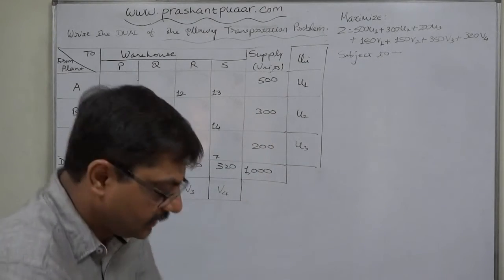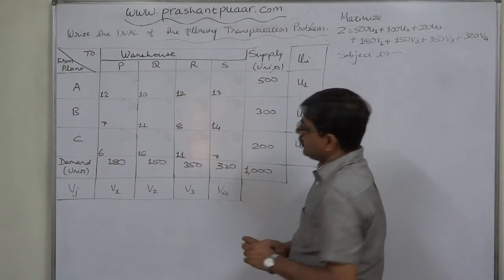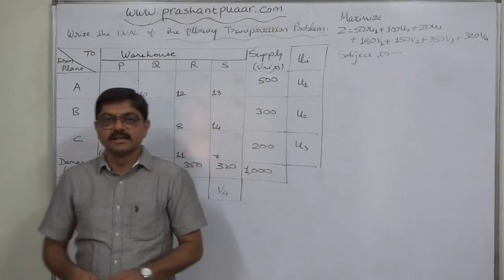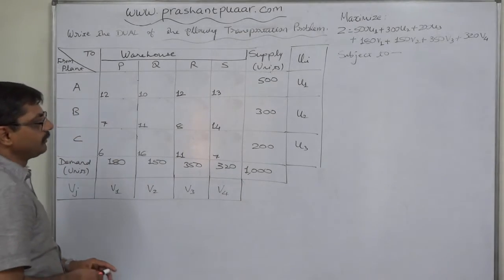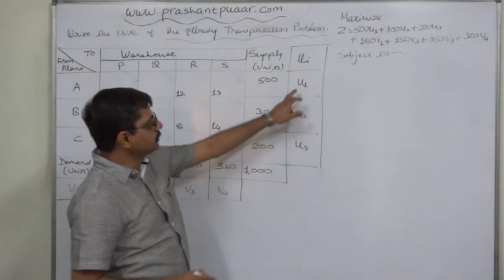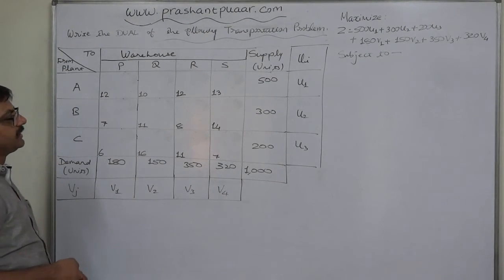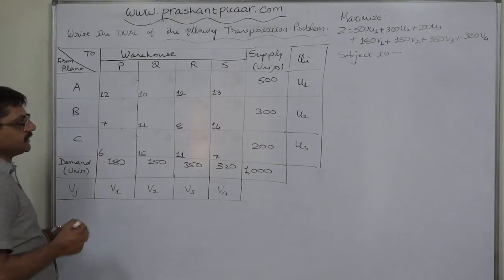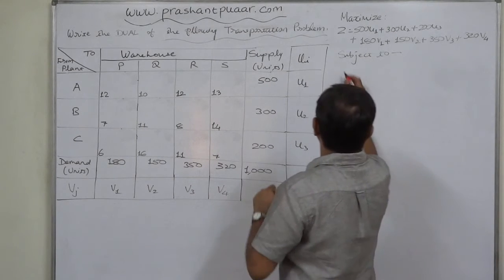what? Now the constraints. What are the constraints? When we discussed the optimal solution of a transportation problem, we had already used Ui and Vj, and we know the relationship between these two: Ui plus Vj equals Cij. That will be the format of our constraints.